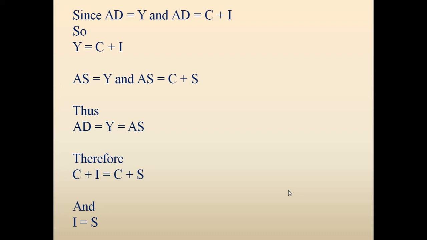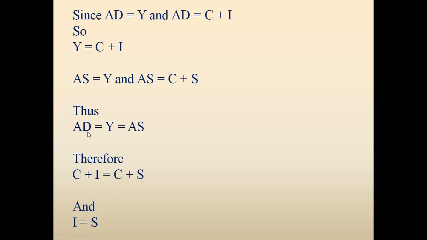We already know that aggregate demand is also equal to C plus I. So since AD is equal to Y, and AD is equal to C plus I, we can simply write Y is equal to C plus I. We already know that your aggregate supply is equal to income, and your aggregate supply is also equal to C plus S. Then we can simply write AD is equal to Y, equal to AS, that is your aggregate supply.